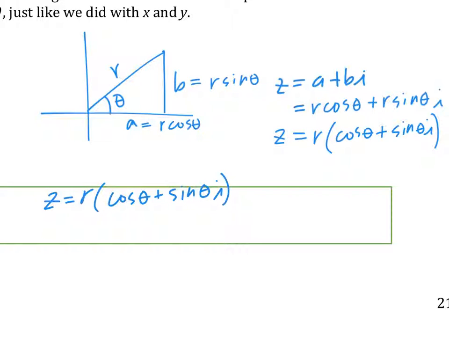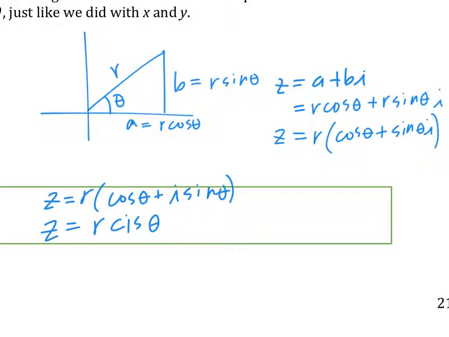That is a really, really long thing to write. And most of the time, they don't write it this way. I'm going to tell you an easier way to write this, which most high schools do teach instead. So z is equal to r cis theta.